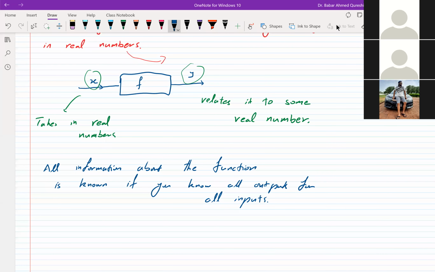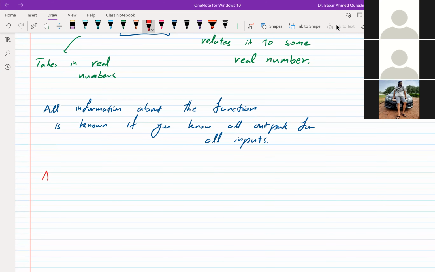But if the information is there, that doesn't really mean that it's in some useful form. So even if you know the function completely, you may want to extract some useful quantity, some useful information out of it.